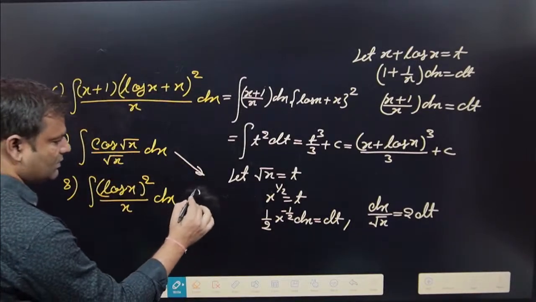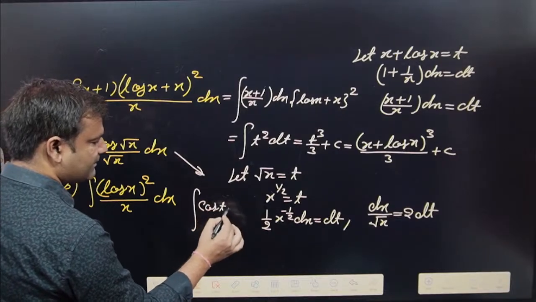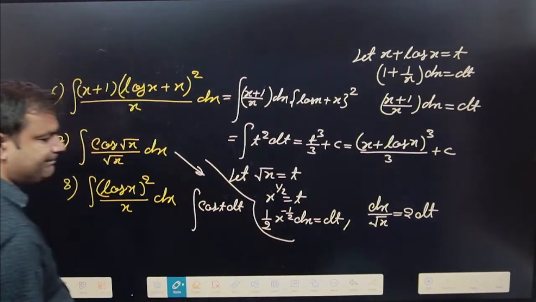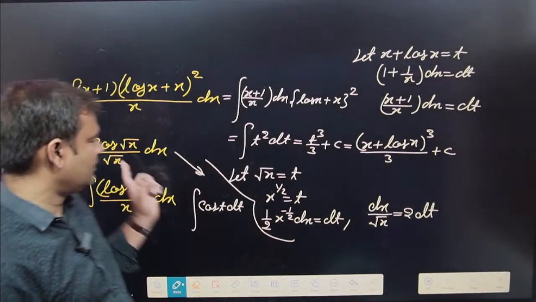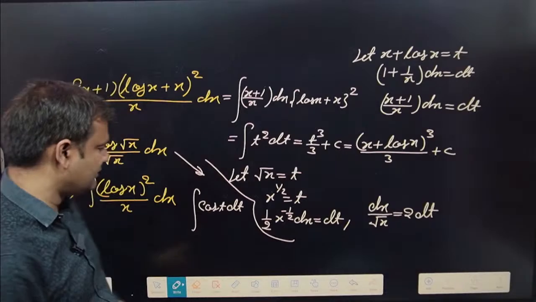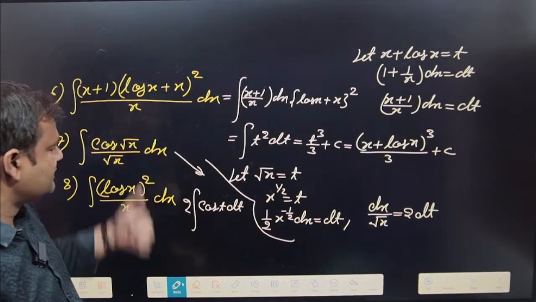Now what about the value? This is written simply in terms of t with dt. Dx divided by root x equals 2 dt, and that one is cos t.